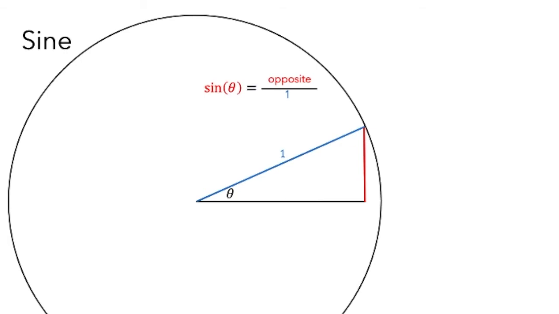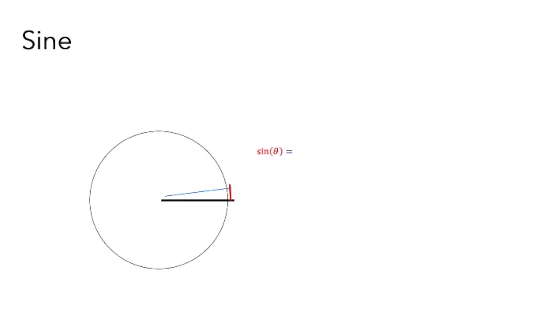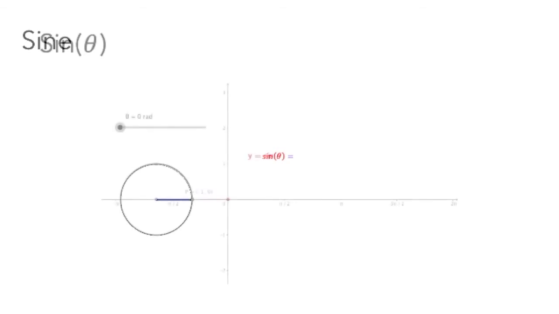Let's shrink this down so we can add coordinate axes and make a graph of the values of sine. Now, the length of the side opposite the angle will be the y coordinate of the point P. Let's increase the angle theta and graph the y values we get.